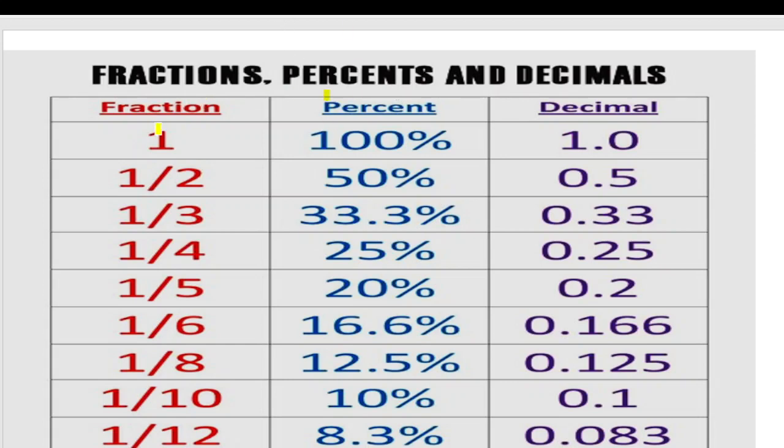Fraction 1 is 100%, and we will say in decimal 1.0. 1 by 2 is 50%, half, and 0.5. 1 by 3 is 33.3%, 0.33 decimal. 1 by 4 is 25%, 0.25. 1 by 8 is 12.5%, and decimal 0.125. 1 by 10 is 10%, 0.1.